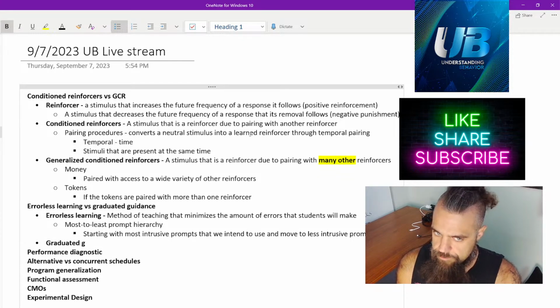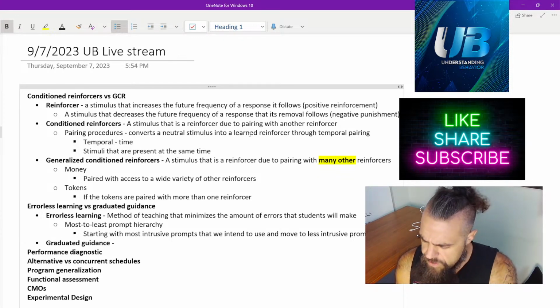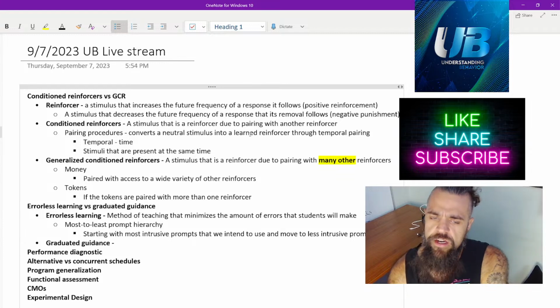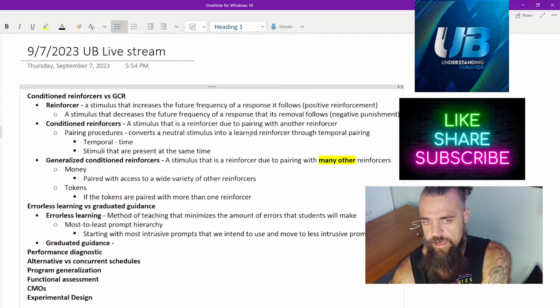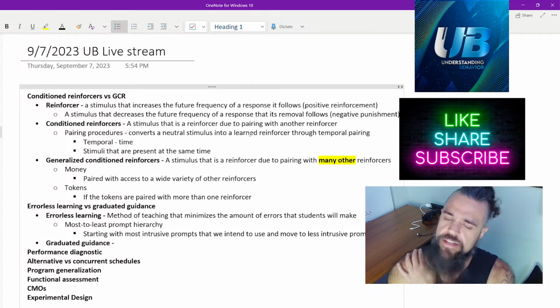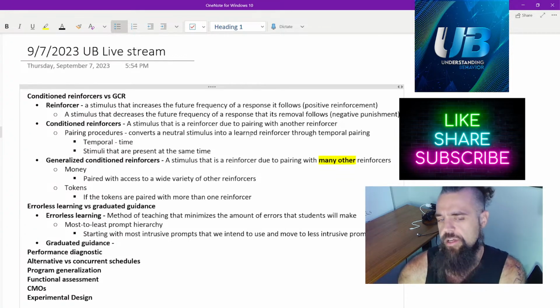Graduated guidance is a little bit different. It could potentially be seen as a form of errorless, and actually no, I'm going to take that back. It's not really a form of errorless learning, but it's pretty close.